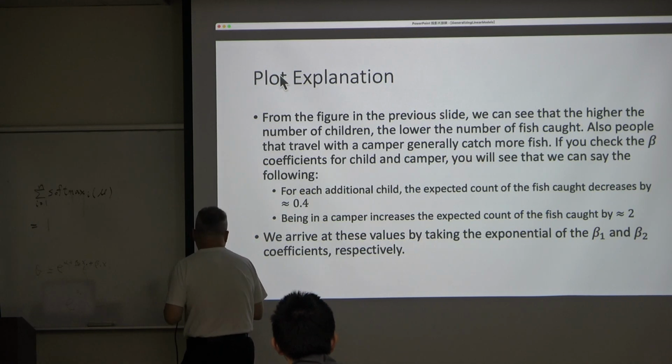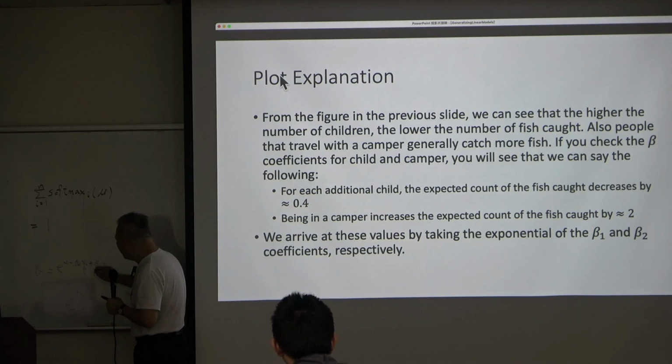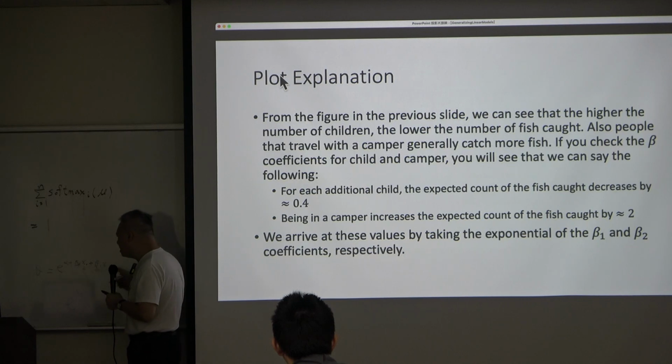And also, whether or not you have a camper is going to be affected by this beta 1 factor. This additional beta 1 factor in the power is going to be e to the power of beta 1.